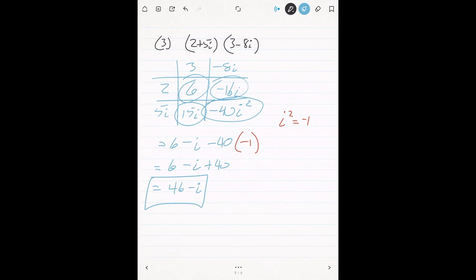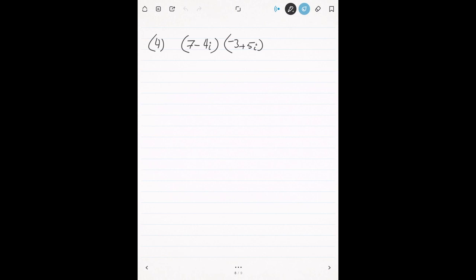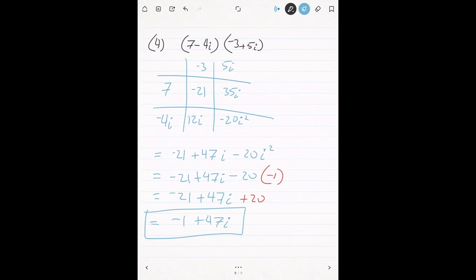Let's go ahead and try another problem. Again, pause the video and see if whatever technique you have is able to match up with our answers, and let's see if you're able to write your answer in the form of a complex number. Hopefully you're able to see that in your distribution you would end up with a negative 21, a 35i, a 12i, and a negative 20i squared.